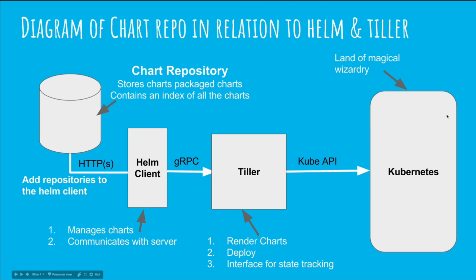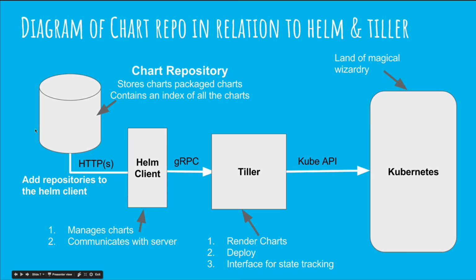So if we start back over here to the far right, we have our Kubernetes cluster, which is running a Tiller service. Tiller service is exposed via gRPC to a Helm client, which is a Helm CLI running on a user's local system. The Helm client then connects to a chart repository over HTTP, which is most likely, for most users, going to be hosted by Kubernetes GCR.